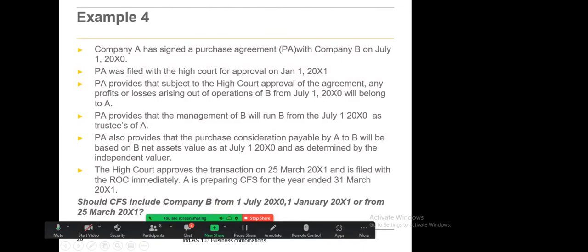PA also provides that the purchase consideration payable by A to B will be based on B's net assets value as at 1st July 2020, as determined by an independent valuer. The High Court approves the transaction on 25th March 2001 and it is filed with ROC immediately. A is preparing the CFS for the year ended 31st March. So can anyone tell me which date will be considered as the acquisition date?